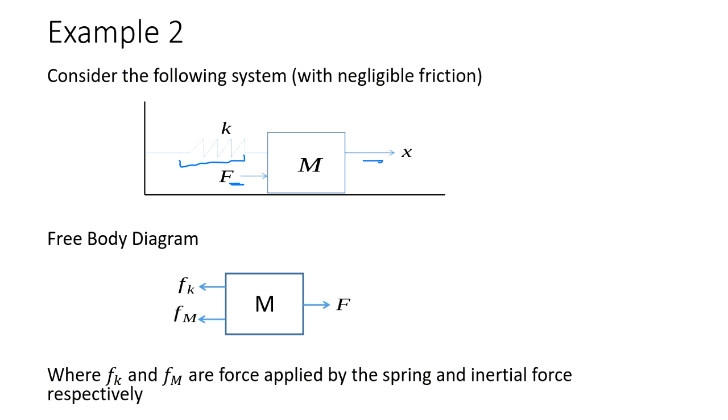So we assume the spring is pulling this block this way, and then there is that force due to the mass, Newton's force, also this way, and then the applied force, we are pushing it this way.